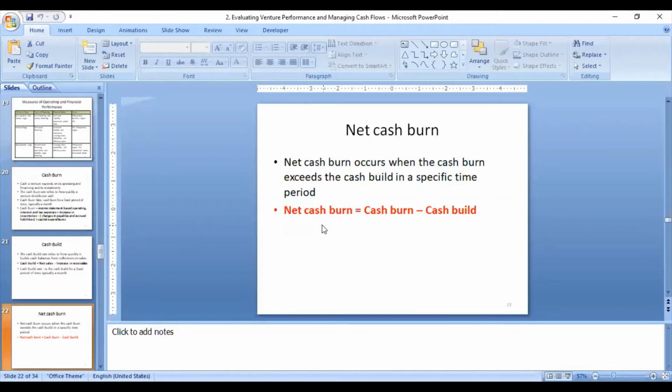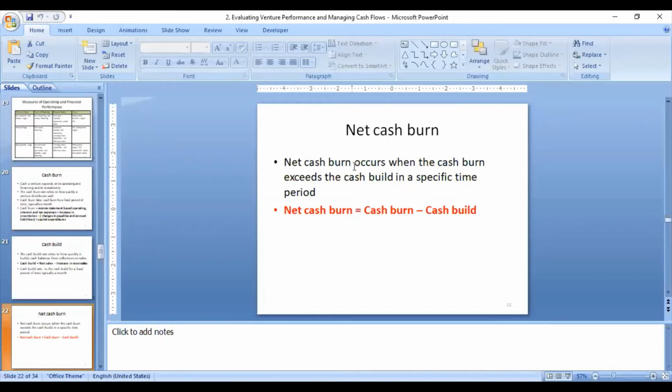This is a very important figure for decision making at the early stages, so we can get some understanding of the rate of cash disbursement and also the rate of cash building, and the point where the cash runs out for the venture. Likewise, so many things we can analyze using this figure. That is a very important variable at early stage decision making.